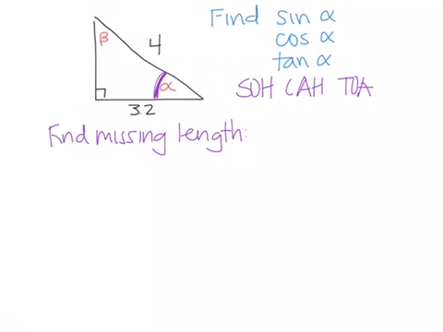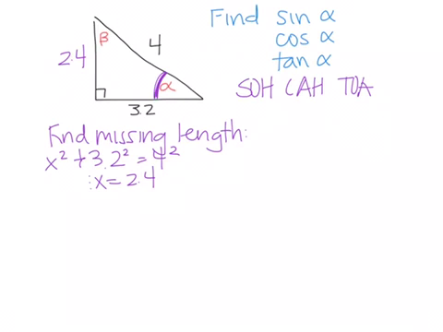Well, I have a right triangle. I have 2 of the 3 sides. The answer should be pretty obvious that we're going to use the Pythagorean theorem. So I'll call the missing side x. So x squared plus 3.2 squared equals 4 squared. You can do the math. You get that x is equal to 2.4. So I'm going to write that in right there.